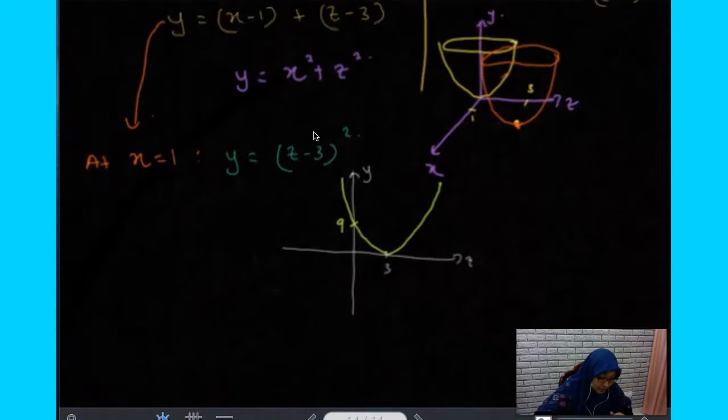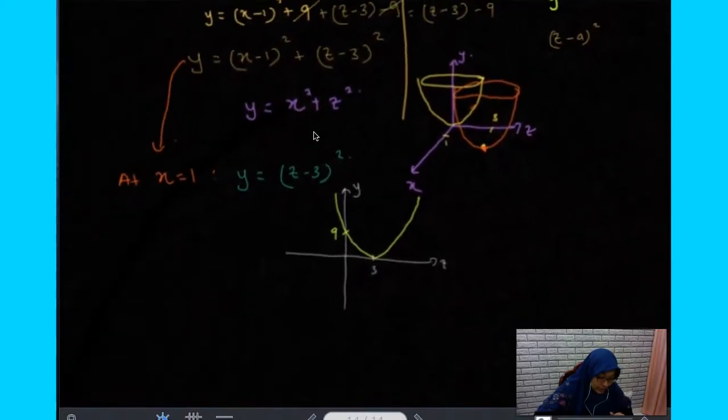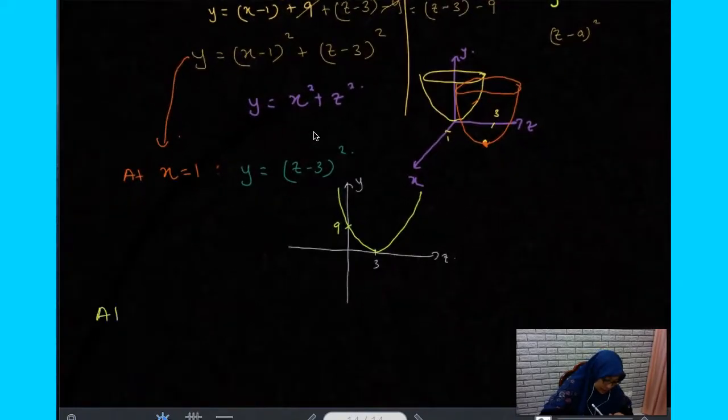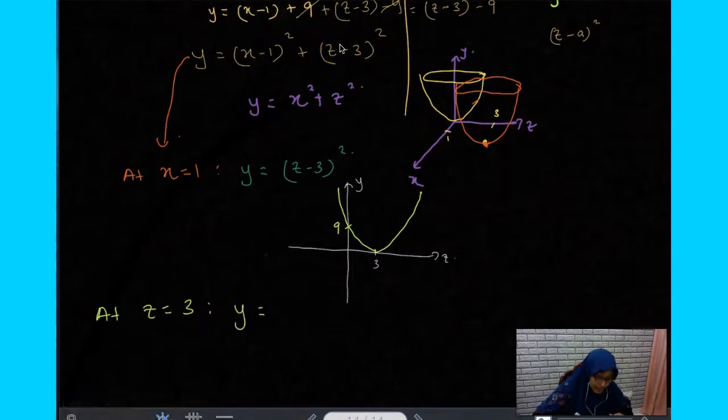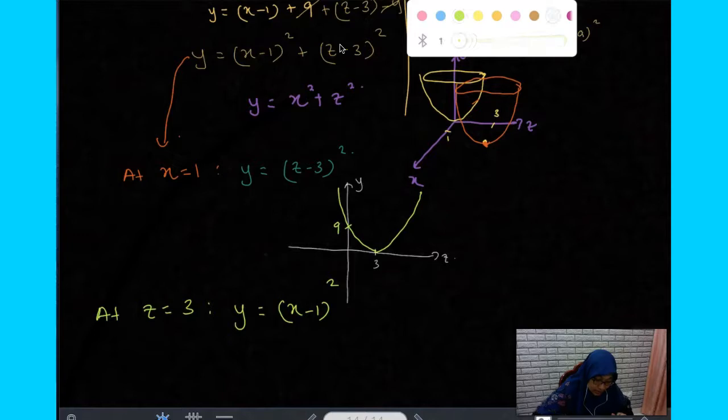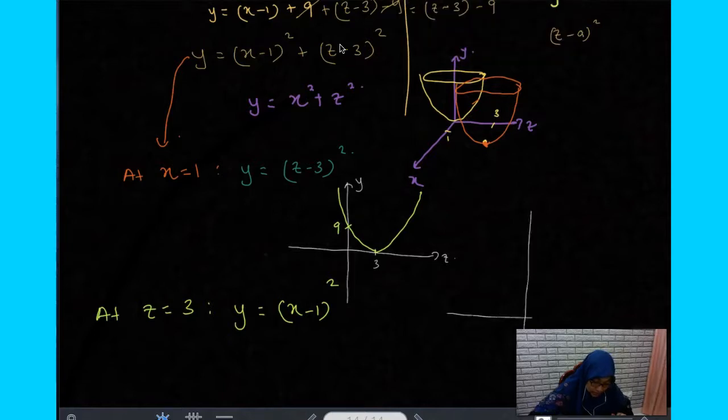Now we set z equal to 3, at the plane of z equal to 3. So what can you say? Then you replace z equal to 3 here, so this part is gone. So you have y equal to x minus 1 squared. So now we draw the trace on the x plane.